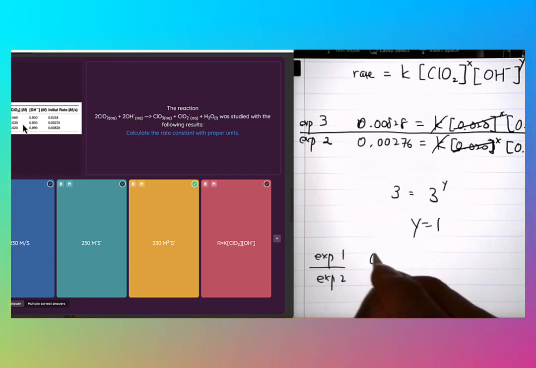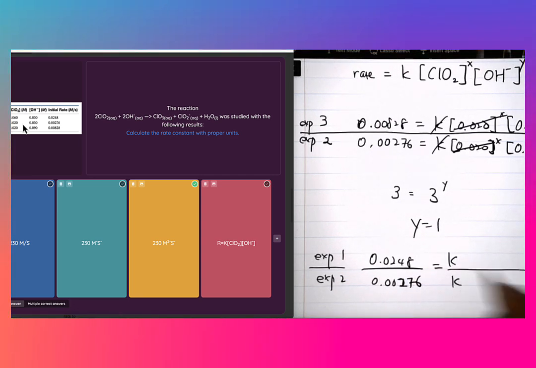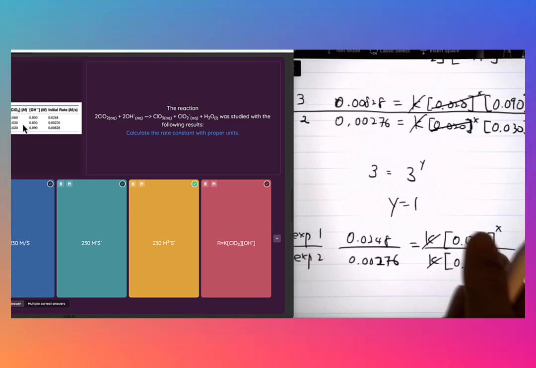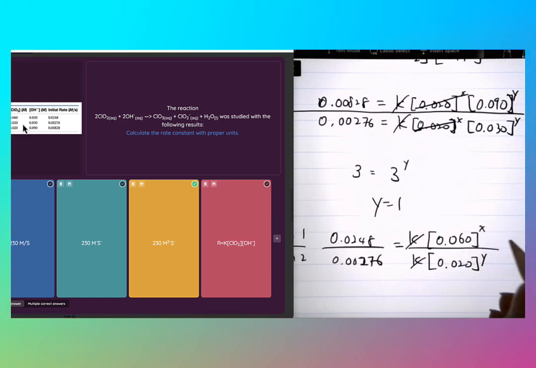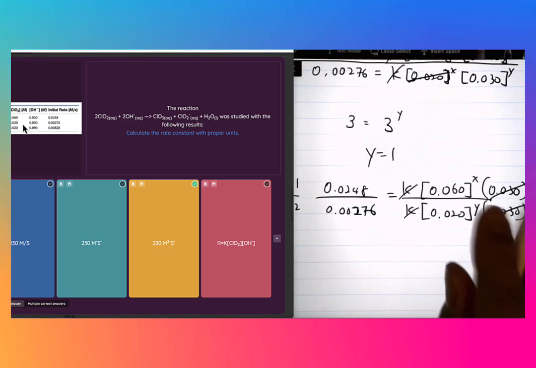So I have a rate 0.0248 divided by 0.00276, and that is equal to K. They cancel, and we have 0.060 to the power of X divided by 0.020 to the power of X. The concentration of hydroxide will be equal in both experiment 1 and 2. So 0.030 to the power of Y, 0.030 to the power of Y, so you can cancel out the 0.030s.